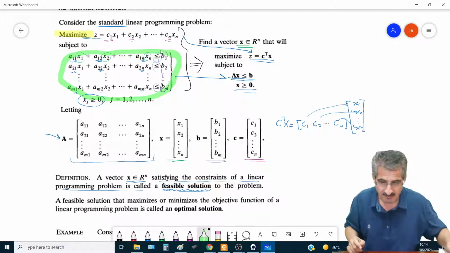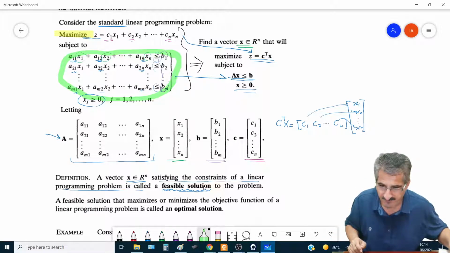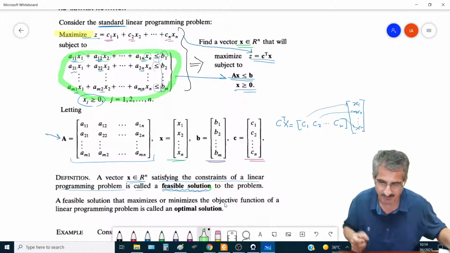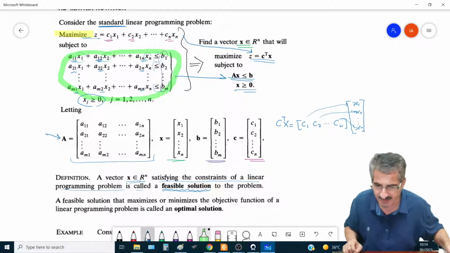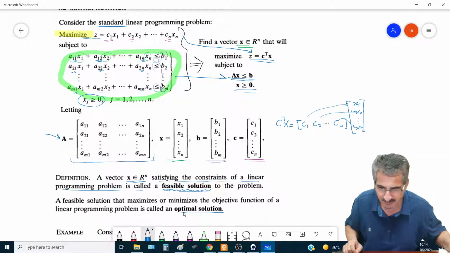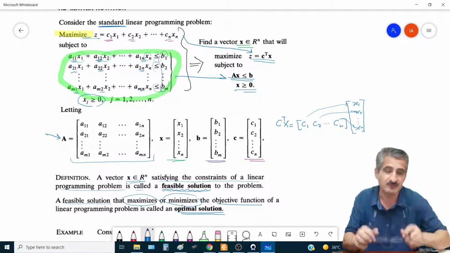The vector of x that satisfies the constraints is called a feasible solution. Here we have the definition: feasible solution if it satisfies the constraints. And below is the one I spoke about, the optimal solution. The feasible solution that maximizes or minimizes the objective function is called the optimal solution.